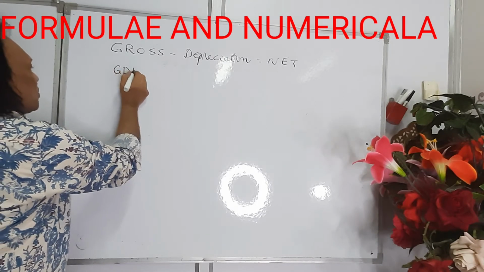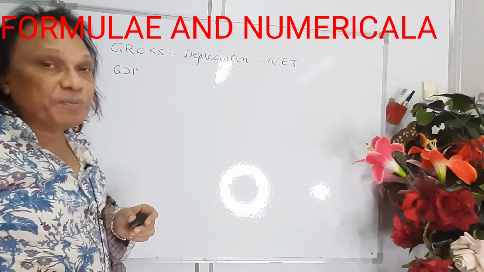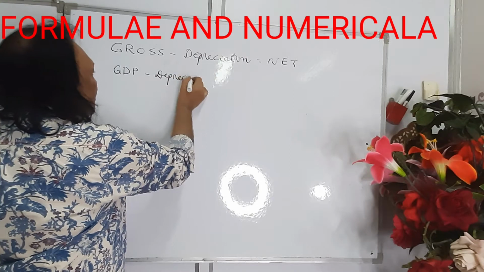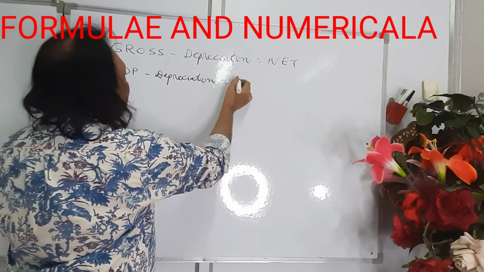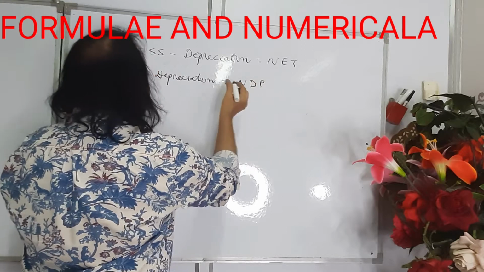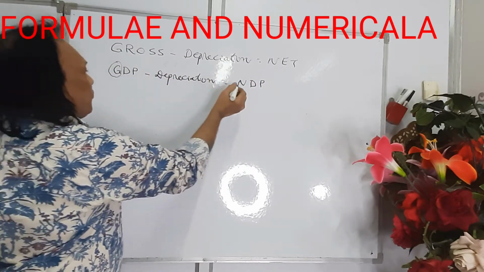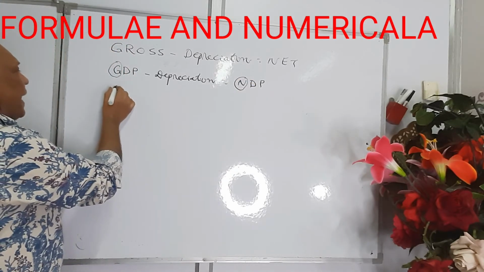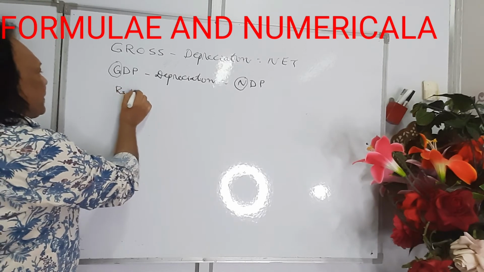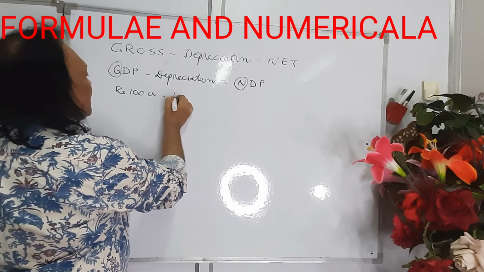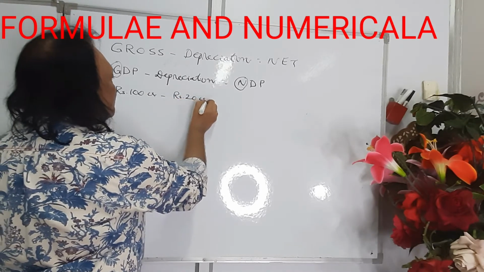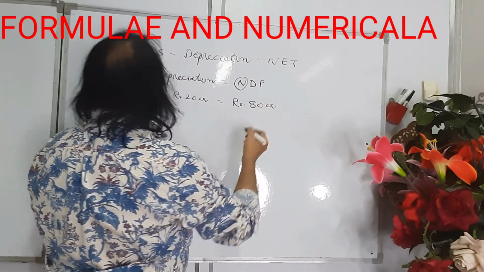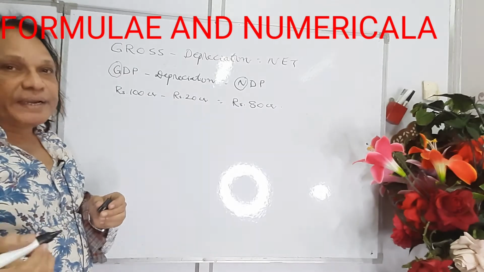Suppose you have gross domestic product. What is GDP? We'll be discussing later. GDP minus depreciation will give you net domestic product. This gross value will become net value. Suppose you have GDP as rupees 100 crores, minus depreciation of 20 crores, then your NDP will become 80 crores. That is from gross domestic product to net domestic product.